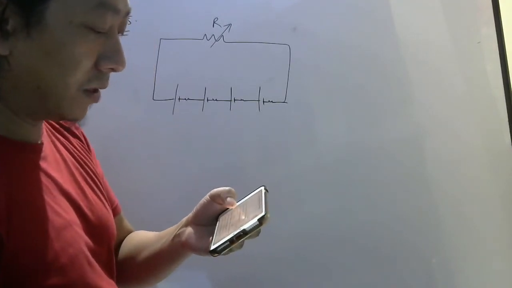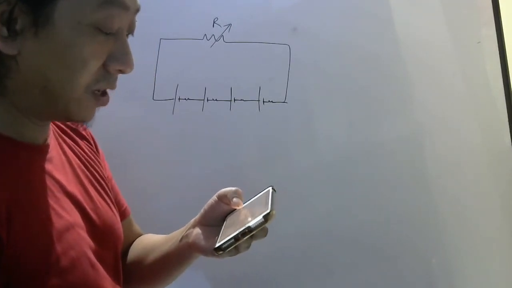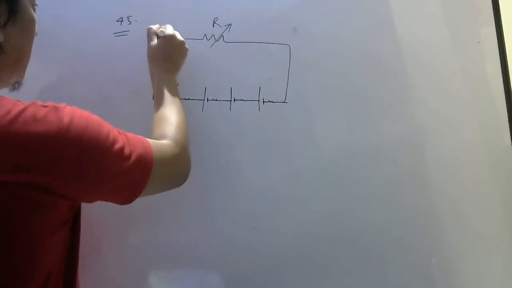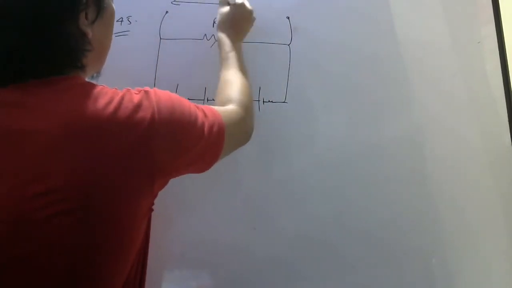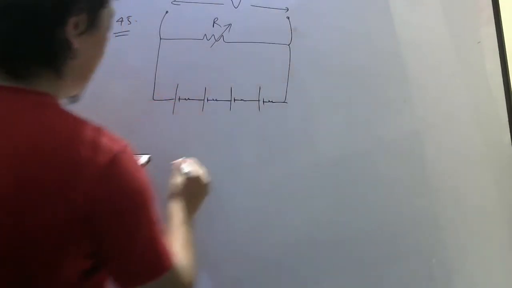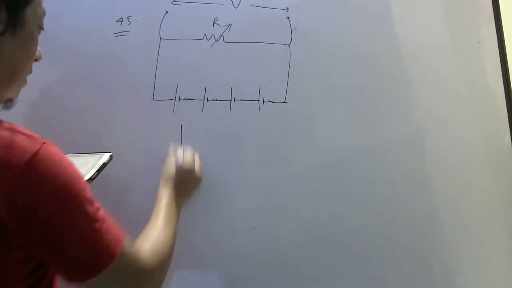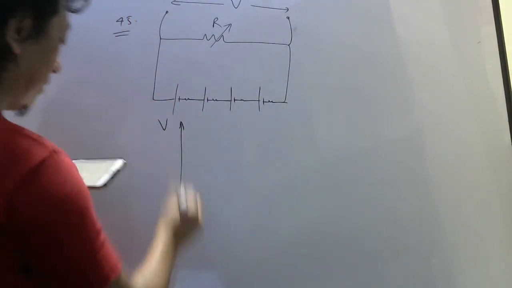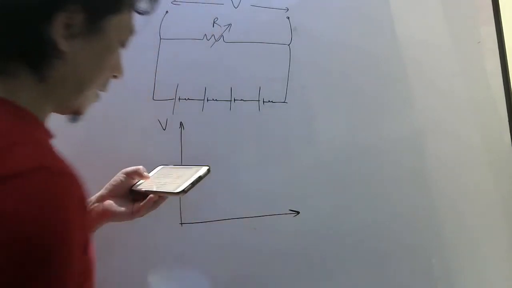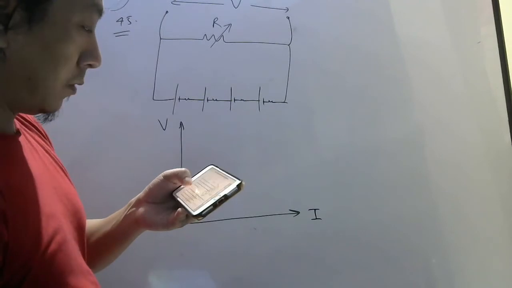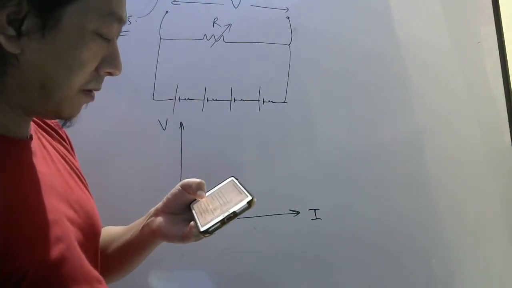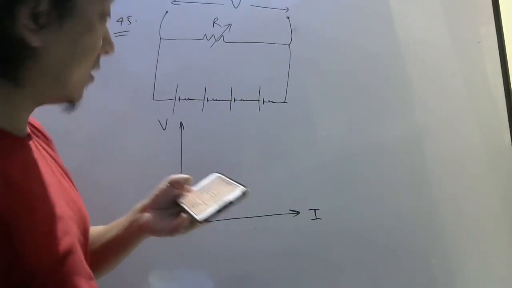The following graph shows the variation of terminal voltage. So whatever is the voltage here, terminal voltage, they are plotting a graph of the voltage versus current. For what current does maximum power dissipation occur in the circuit?